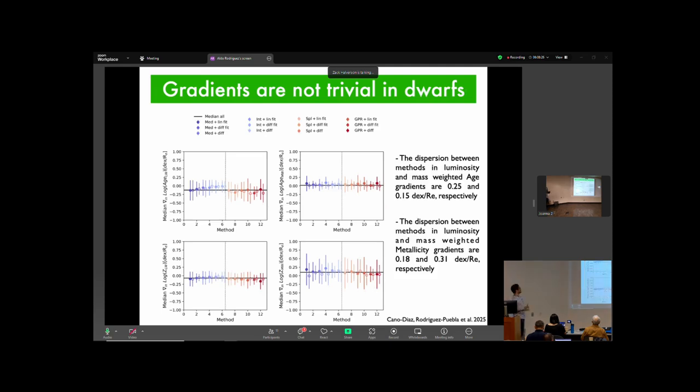Also, it is not trivial to compute gradients in dwarfs. In the paper cited below, we discuss a lot how to compute gradients and how much uncertainty you can introduce by computing gradients. At some point, there are some methods that will give you essentially that there are no gradients, and some methods that will tell you that there are negative gradients.